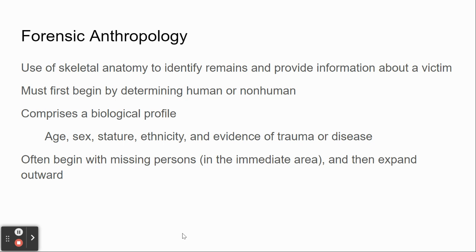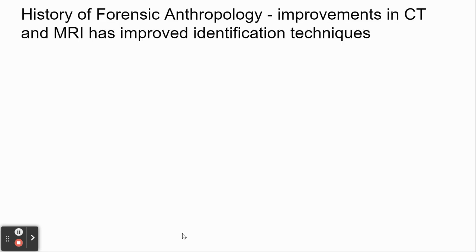And so again, you start with those in the immediate area and then expand outward, because we know that historically in criminal events, people can move bodies and deposit bodies in other locations. That is not an unusual phenomenon. But again, you want to start with those that it would most plausibly be from that particular location.